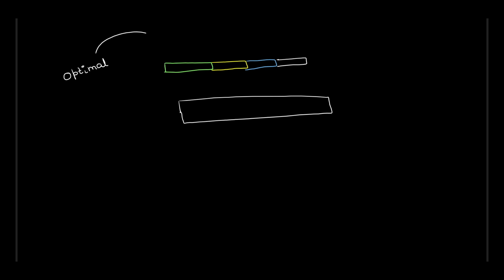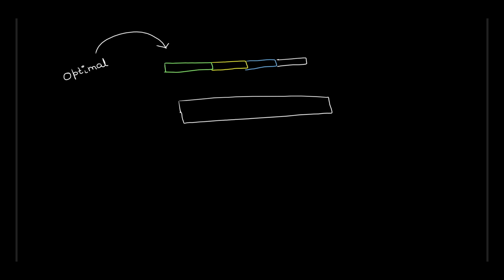So if this is your array, let's consider the optimal split. We don't know what it is right now, but there has to be some optimal split. Suppose this was the optimal split; we don't know yet where these green borders end and where these yellow borders end.